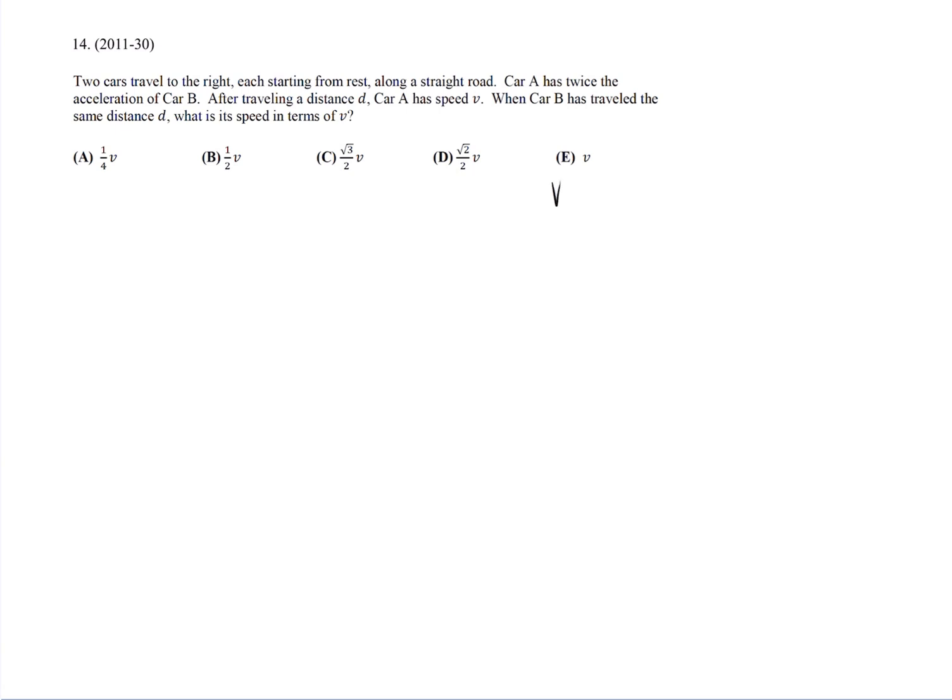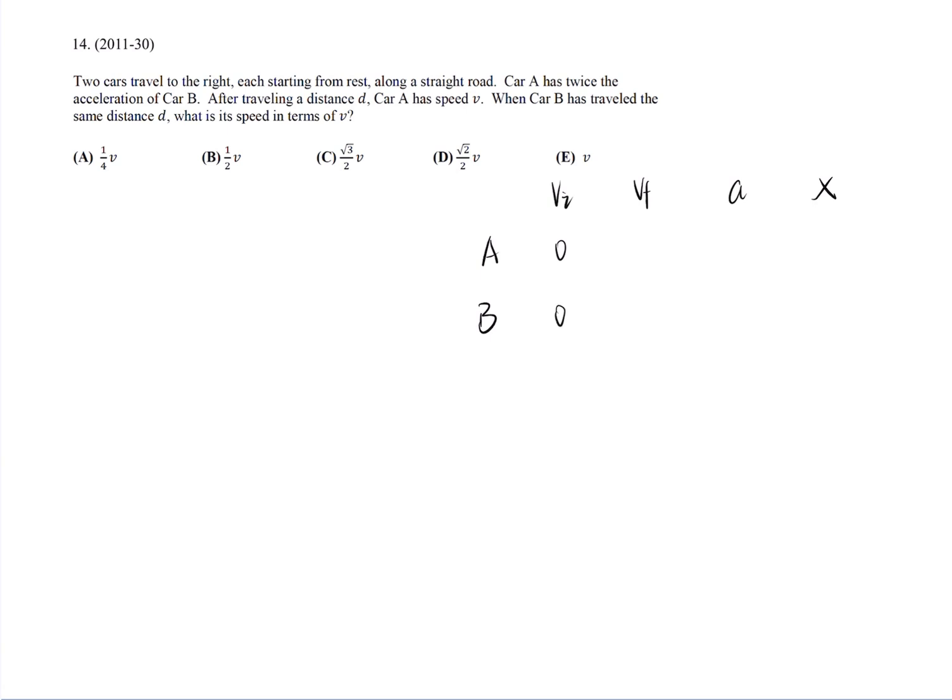We have the initial velocity, the final velocity, the acceleration, and the distance traveled for both car A and car B. They both start with no motion, so the initial velocity is equal to 0.